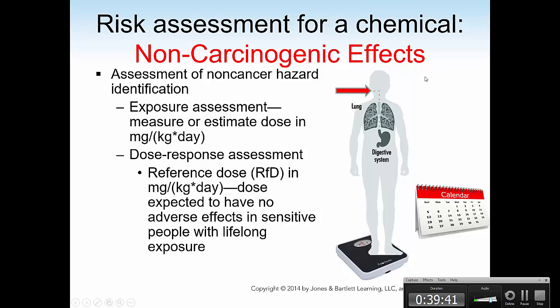Now, for policy making, you want to figure out dose. Sometimes we're exposed to chemicals all the time. So is there a particular dose that will have no effect? I can be exposed to this amount through many, many days, and it won't hurt me.